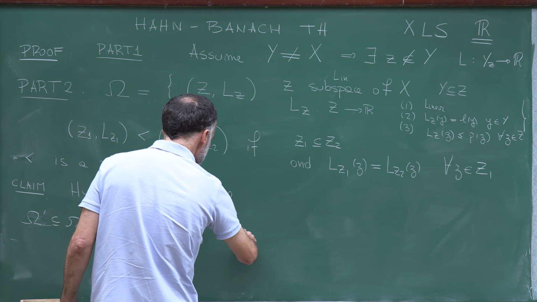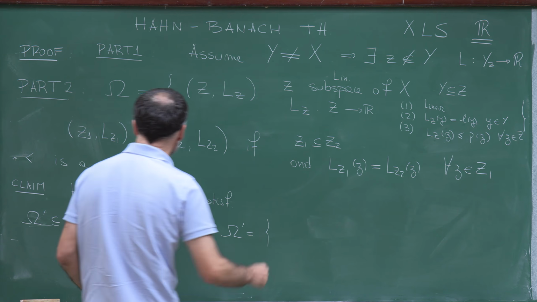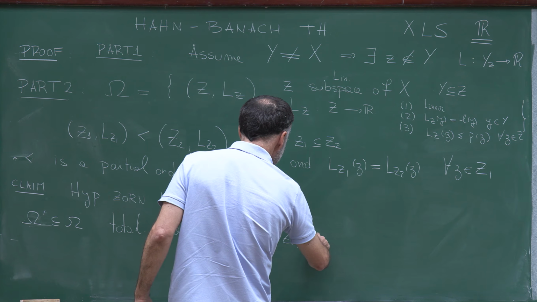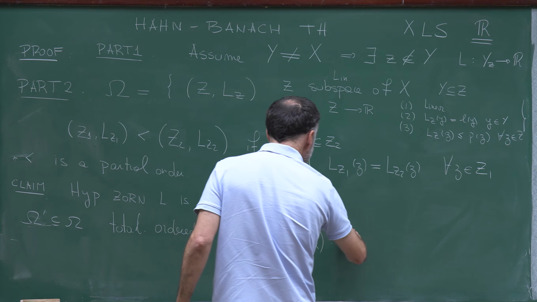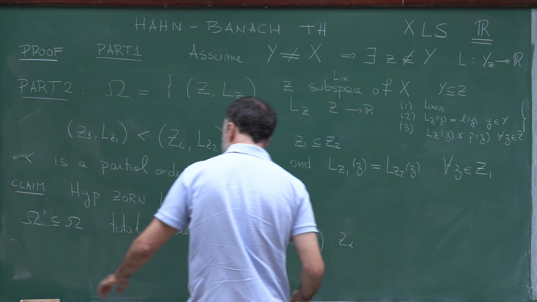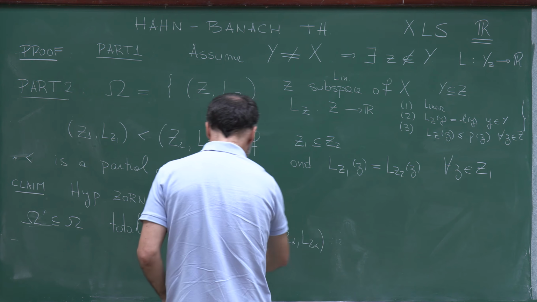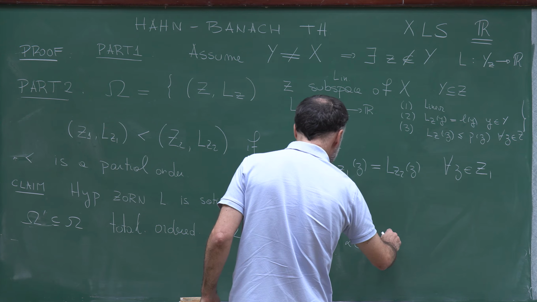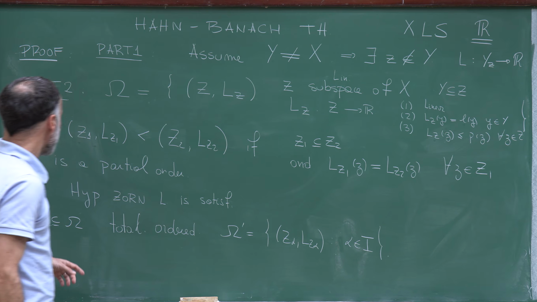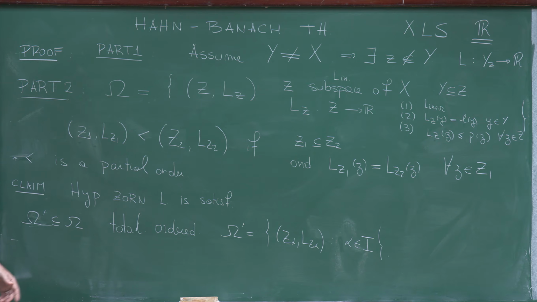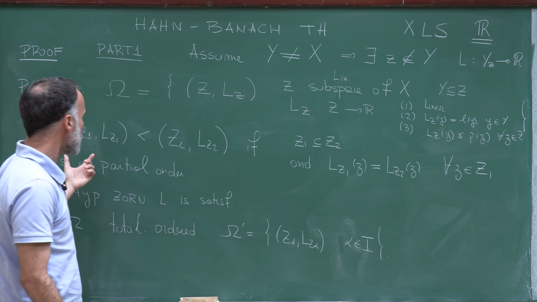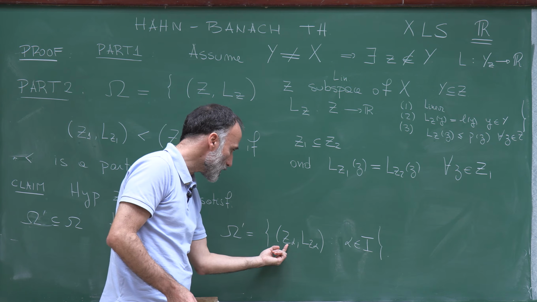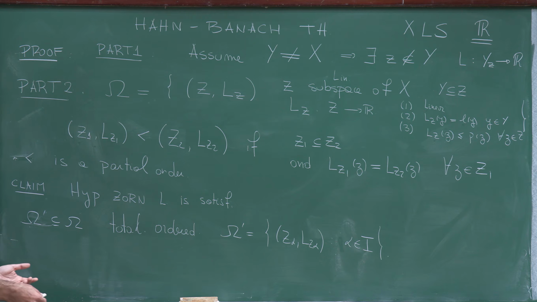Omega prime will be formed by elements (Z alpha, LZ alpha) for alpha in some set I. You see that Z alpha is a linear subspace and LZ alpha is a linear functional defined on Z alpha.